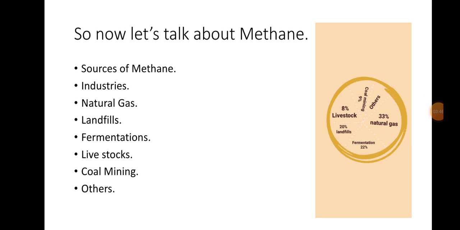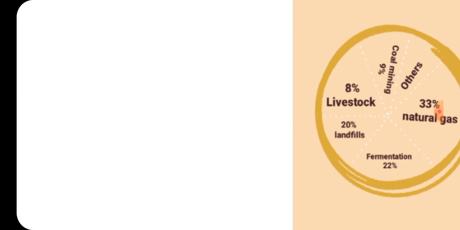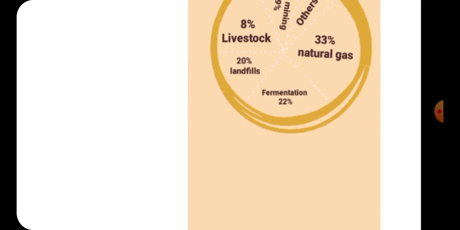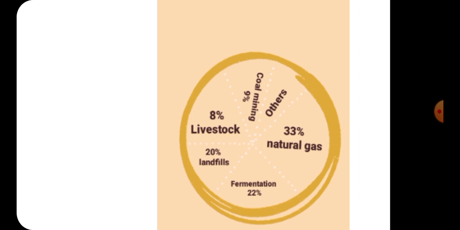Now, looking at livestock combined with the agricultural industries and fermentation, for example 22% in the livestock, all of this is preventable. But that's what the picture looks like. Natural gas is the major contributor, but the others are also significant.